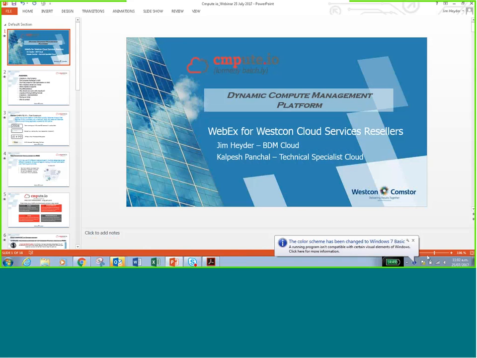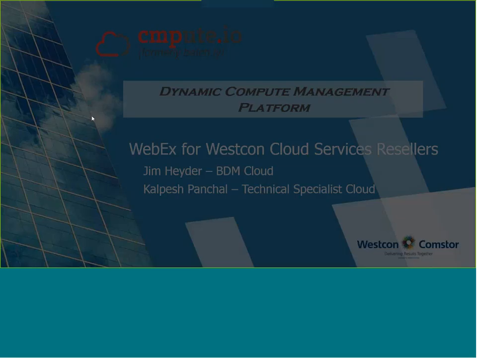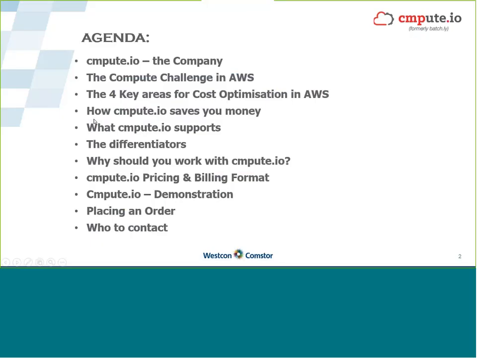So the first thing on the screen really is all about our agenda. So what's the agenda today? We'll start off with a little bit about the company, who they are, and some of the major challenges in AWS. We'll also talk about 4 key areas that Cmpute IO addresses, and also how to save you money. I think that's probably a good thing, right?